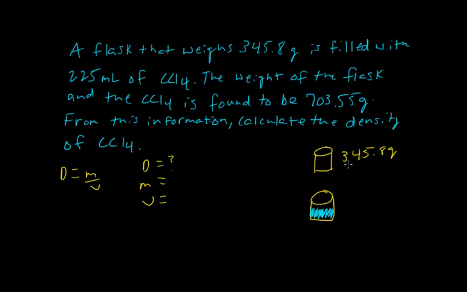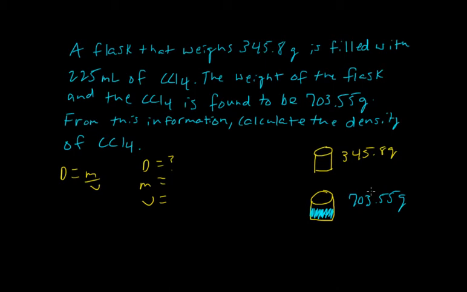So we know that the beaker was 345.8, but now the beaker with the liquid in it is actually 703.55 grams. So in order to find how much the CCl4 weighs, just the blue, I would have to subtract 345.8 from 703.55. So take the smaller number from the bigger number.